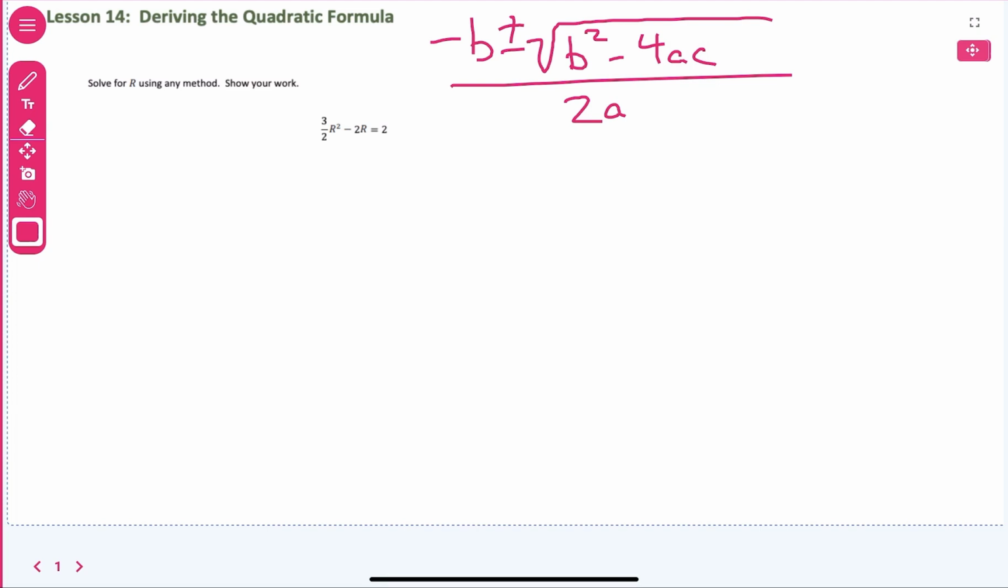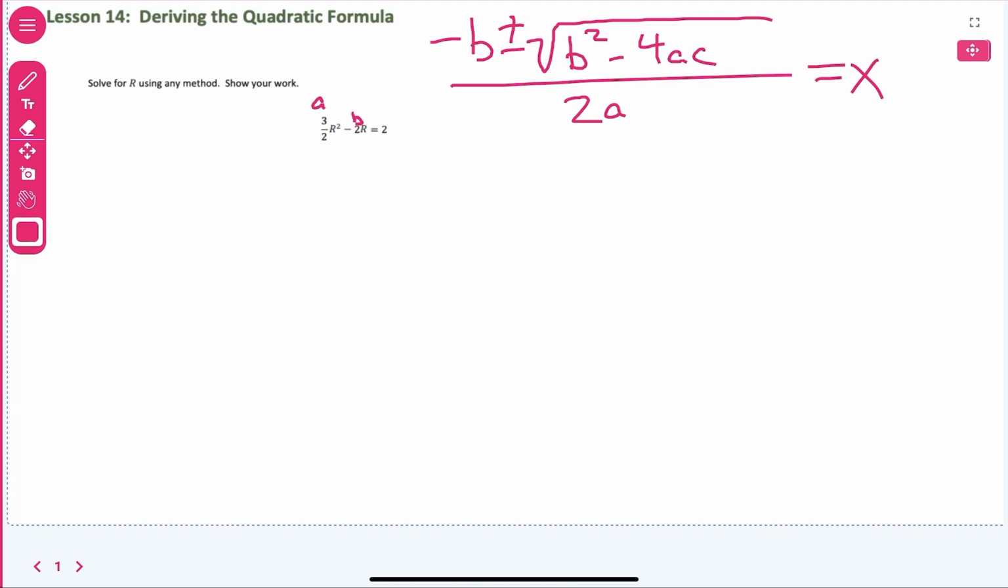Well, let's solve for r. That's finding x, right? So let's do that here, solving for r, which is our x here. Label this as a, b, but we don't have c here in the correct form because we do not have the standard form of the quadratic formula.